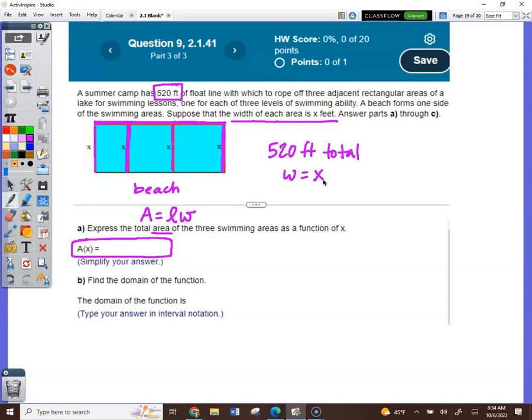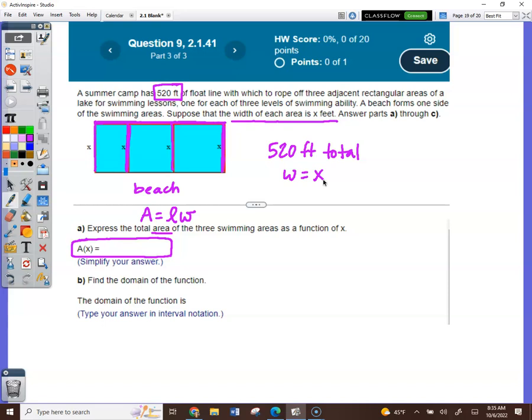So we need an expression for the length using x, right? We only have 2 things to work with. You have 520 total and you have x to work with. The width is x. So what would my expression for length be? This is just like yesterday. Close.